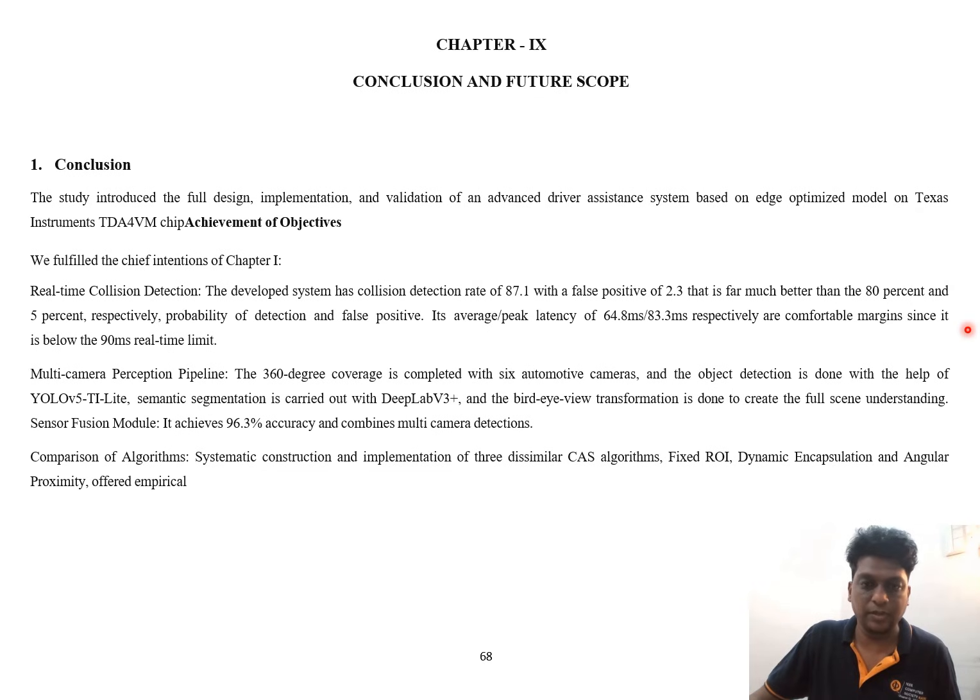The conclusion and the future hope, whether you achieved the objective that you first defined or not, that you should discuss here. Okay, because right from the start of the project you should have some objectives. Okay, from the problem statement you define some objectives. Here in this conclusion you should mention whether you satisfied or achieved those particular objectives or not.